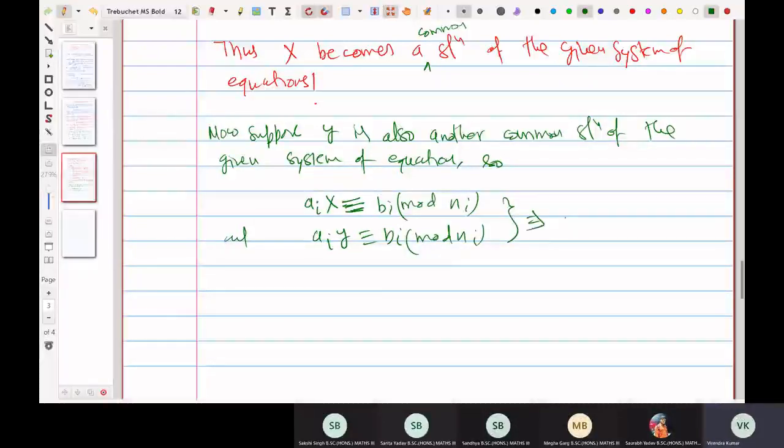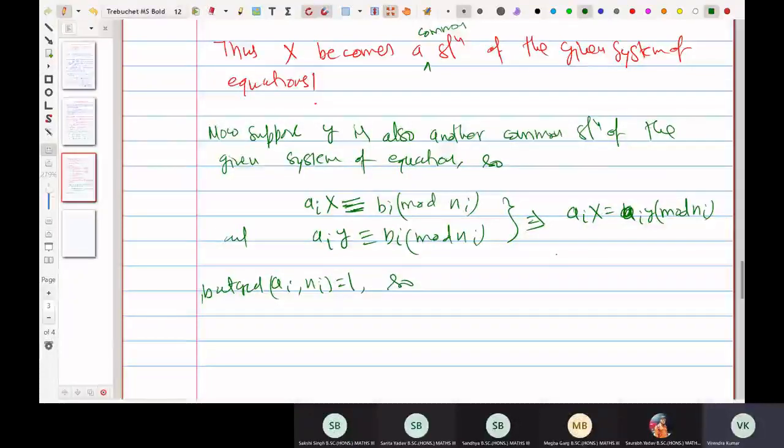And these two together imply that Ai capital X is congruent to Ai Y modulo Ni, right? But you know that the greatest common divisor of Ai and Ni equals 1.